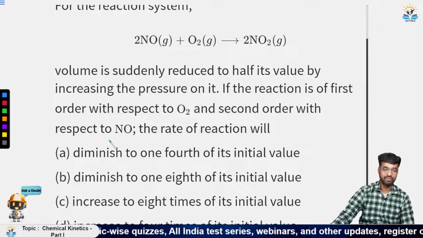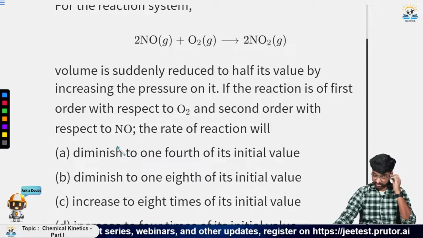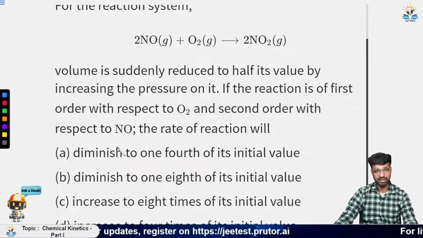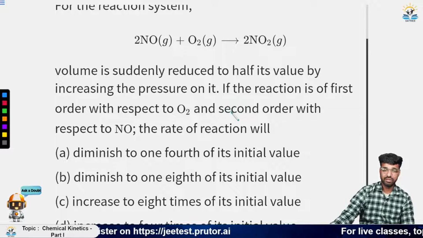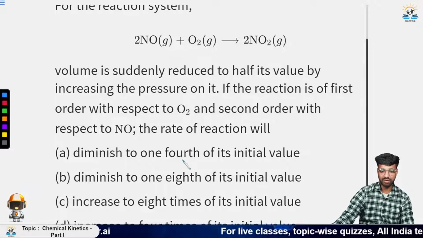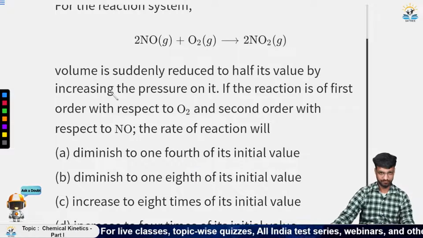Now, what is the effect on the rate of reaction? You can see very clearly that since we are decreasing the volume, we are increasing the number of moles, by 2 times.